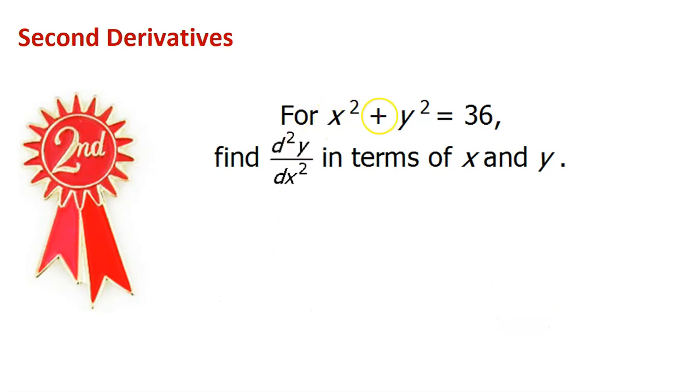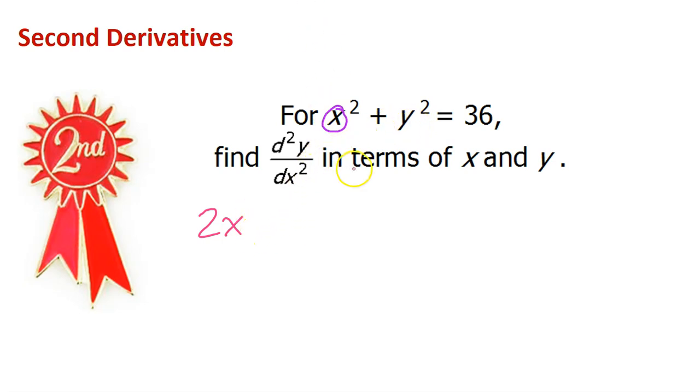So let's take the derivative of both sides of this equation, doing the chain rule on every term. So the derivative of the outer function is 2x, and then times the derivative of the inner function, which is just x, would be dx dx, because we are taking the derivative with respect to x. But of course that cancels out, and so you can just do that in your head.